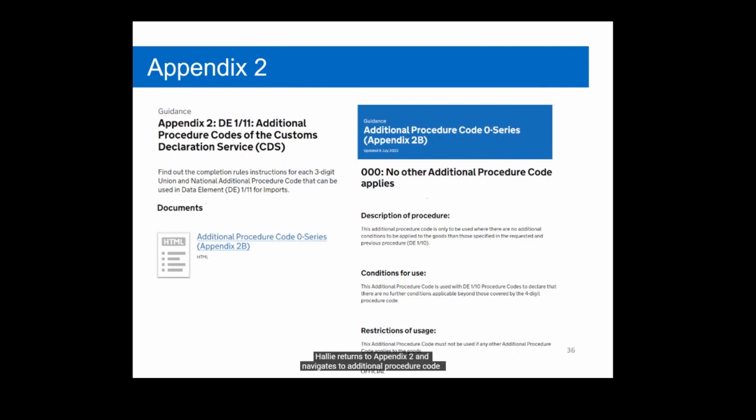Hallie returns to Appendix 2 and navigates to Additional Procedure Code 000, which she did in Step 4. Once she has navigated to Additional Procedure 000, Hallie needs to use this in conjunction with the CDS declaration completion instructions for imports that she found earlier in this webinar.